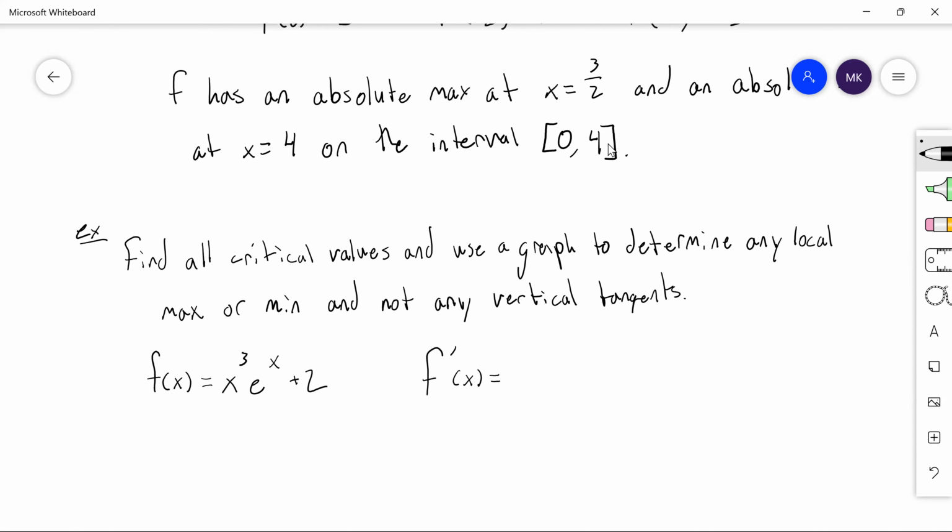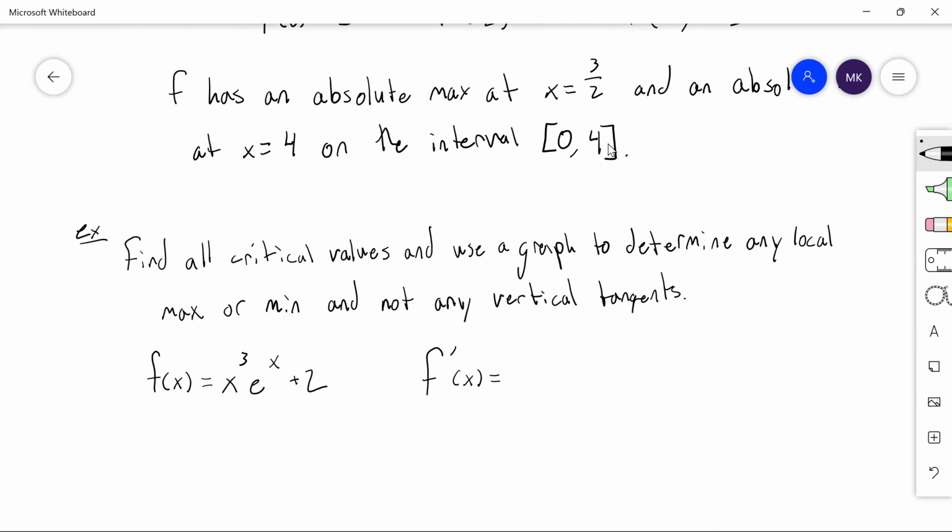And if we think about the derivative rules, we know we can distribute derivatives across addition and subtraction, right? So the derivative of x plus y is the derivative of x plus the derivative of y. So we can do that here, and basically the plus 2 goes away completely. So we can treat this function when we're taking the derivative of it as the same as taking the derivative of just x cubed times e to the x.